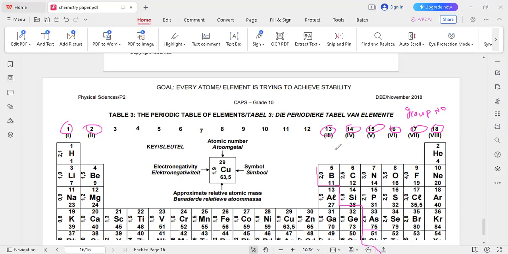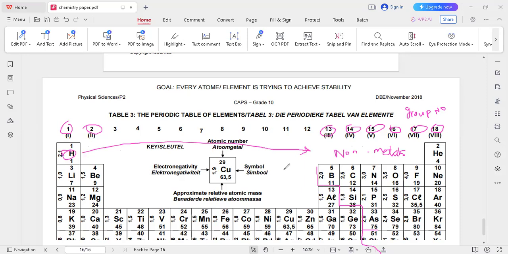Secondly, these are non-metals. The best way to distinguish them is to create a step form. And obviously, hydrogen is a bit of a rebel. It's also a non-metal, it belongs there.